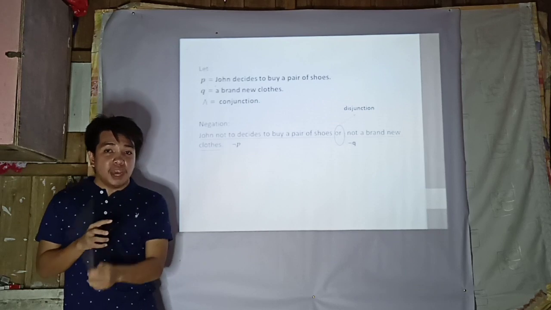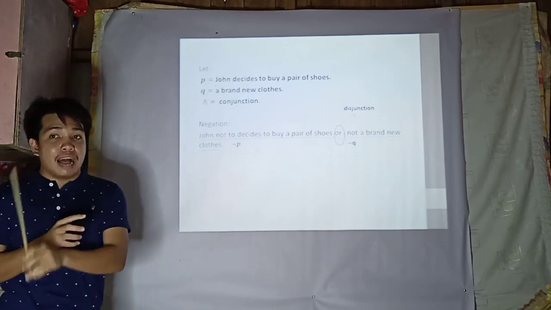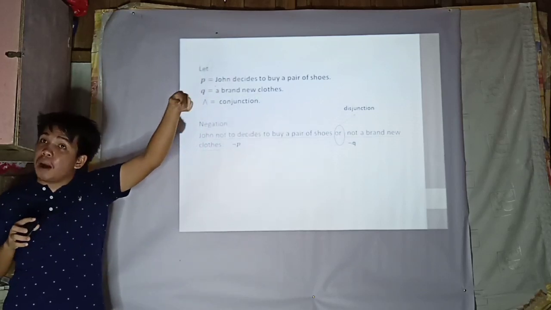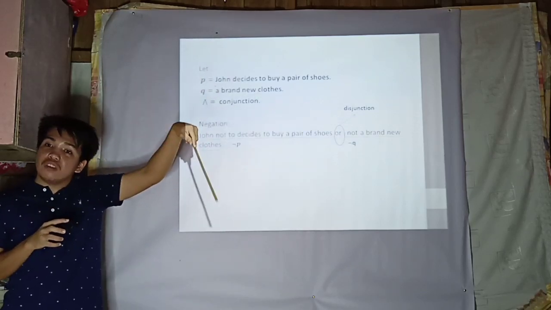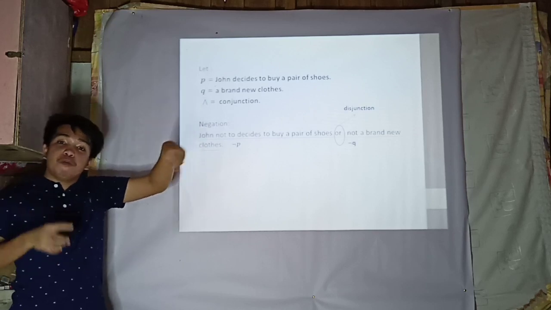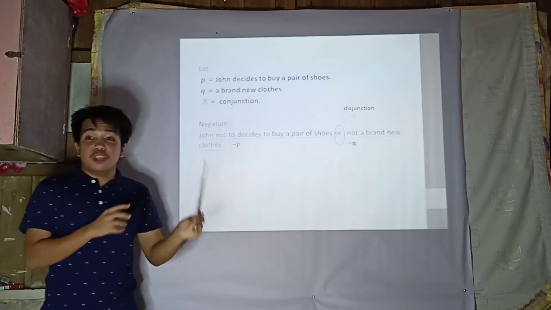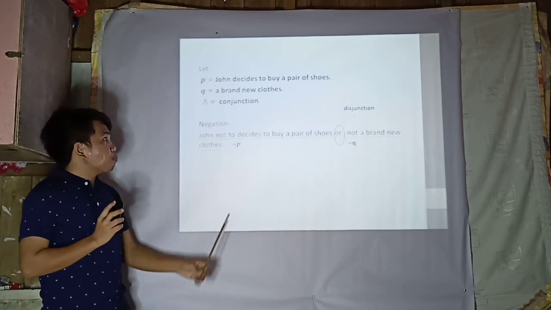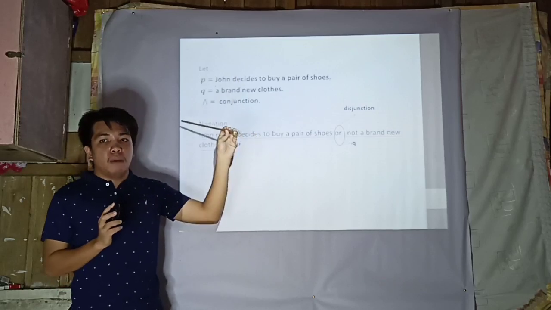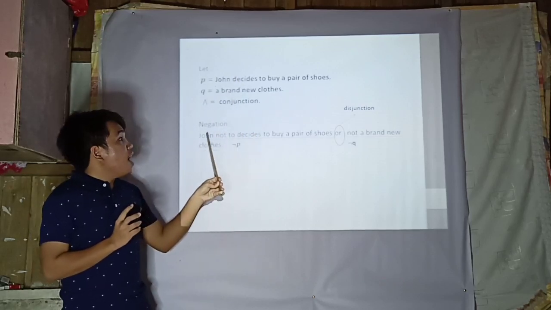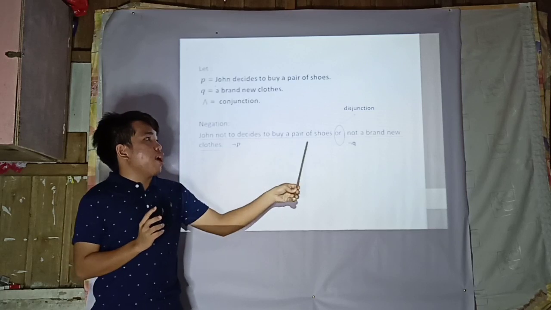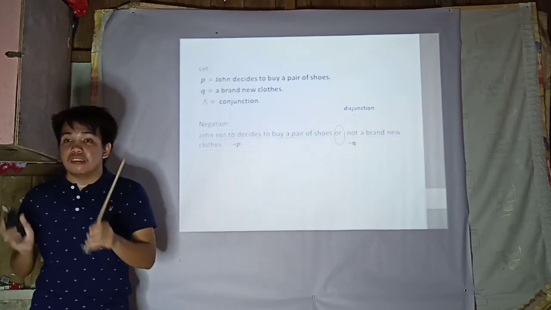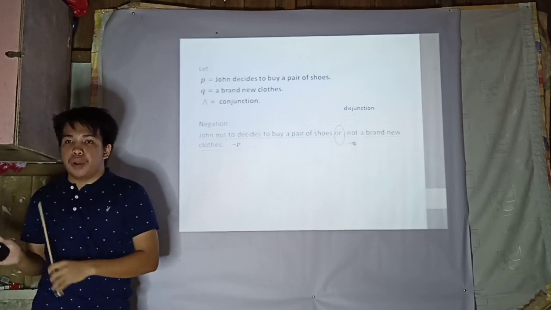So from a true statement, when we negate it, it will become a false statement. We add "not" in order to make it a negative statement, following De Morgan's law for logic. If we negate this true statement, it becomes "John does not decide to buy a pair of shoes," using the not logical operator.